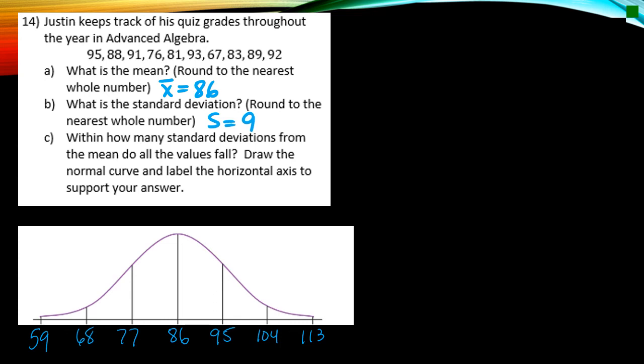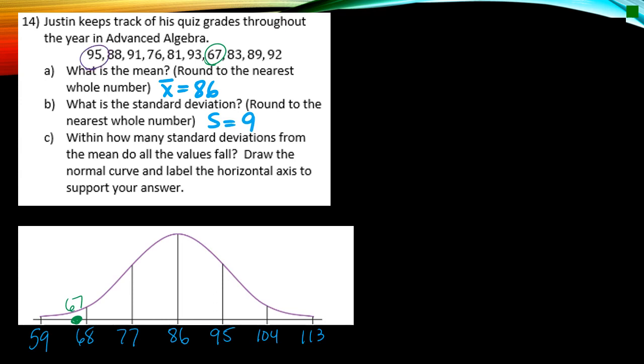All right, so now at this point, I need to find the smallest and largest values in my list. The smallest value looks like 67. And 67 would fall right here on my normal curve. And then my largest number, I think, is 95.